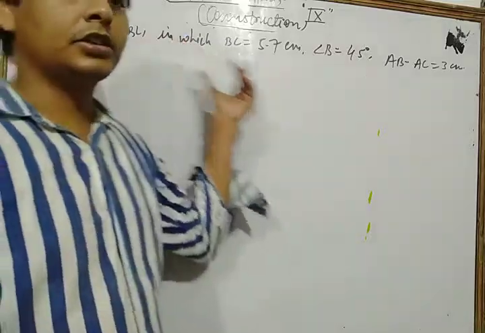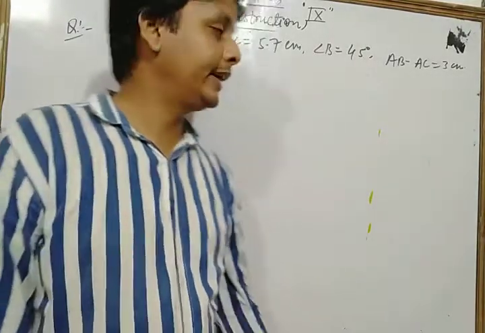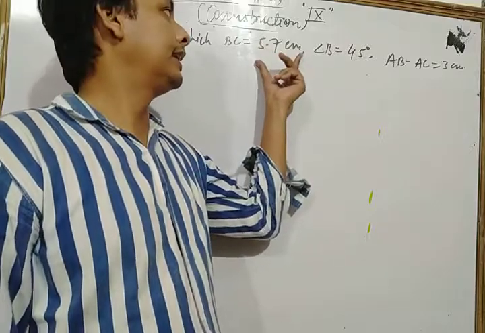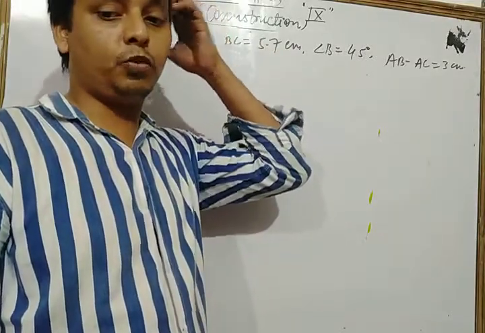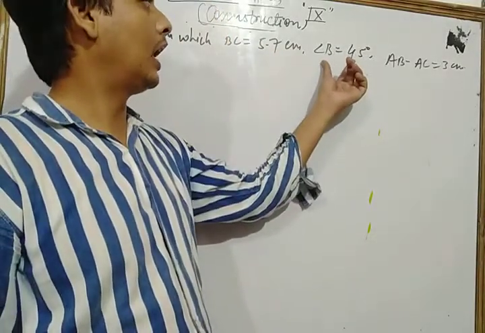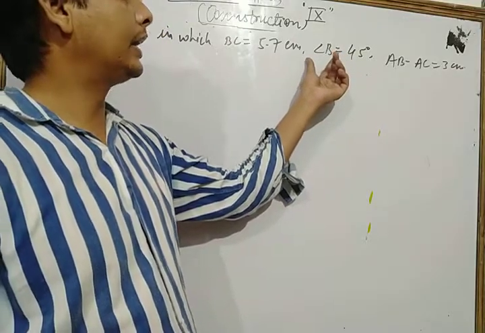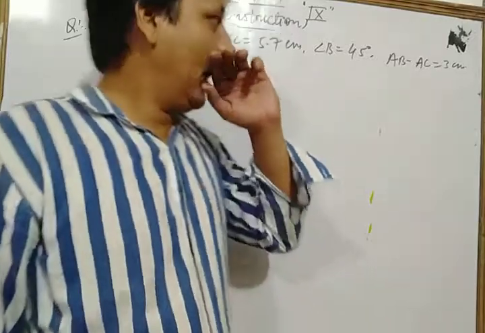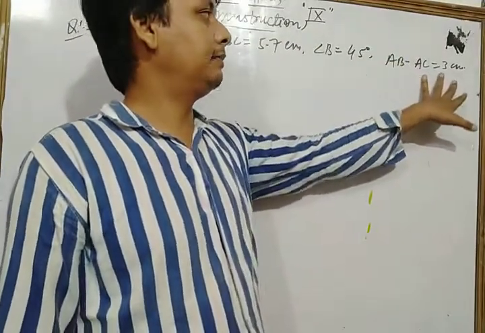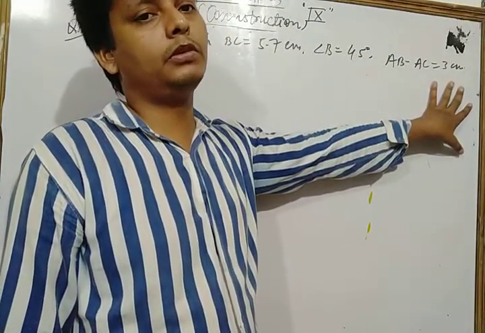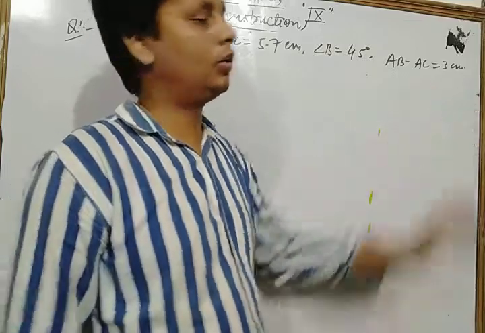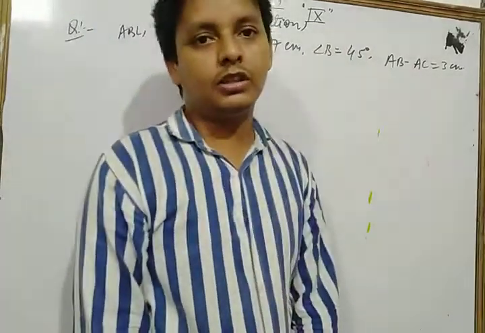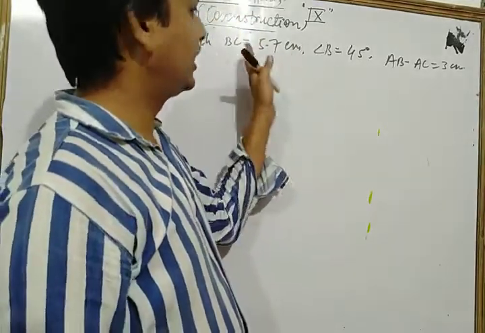Here we construct a triangle ABC in which its base BC is given as 5.7. Angle B is 45 degree, and AB minus AC, the difference between the other two sides, is also given. Now in order to construct this type of question, first of all we draw the length of its base.